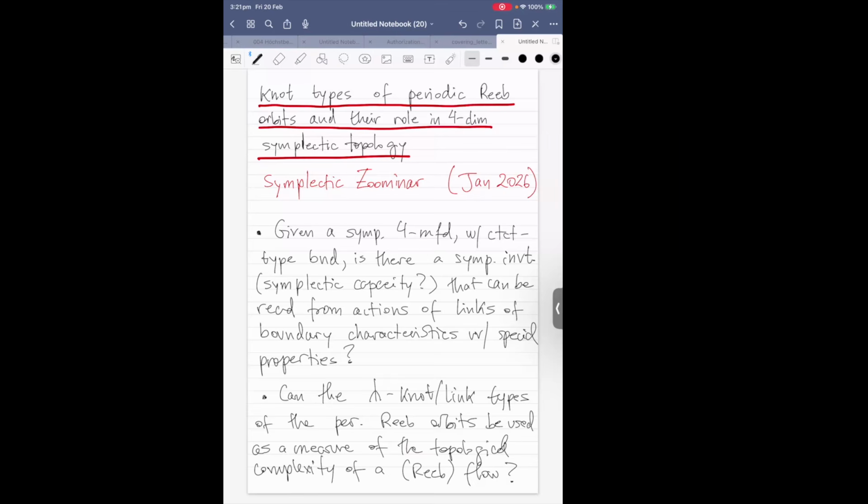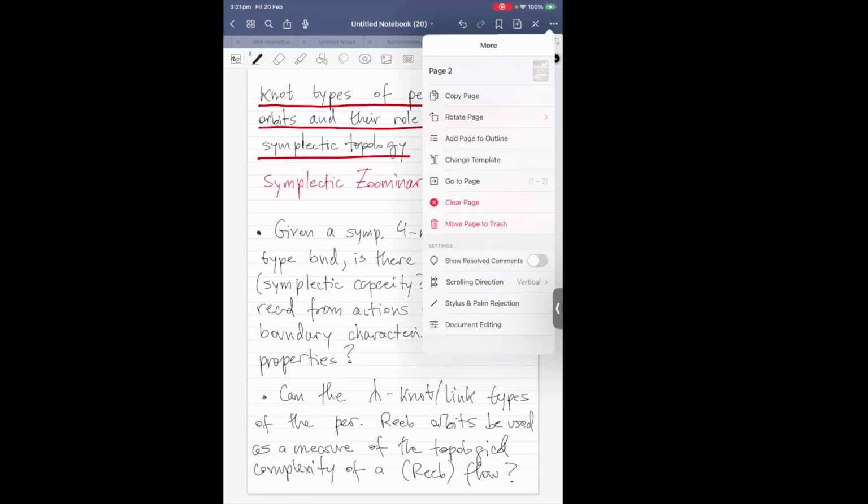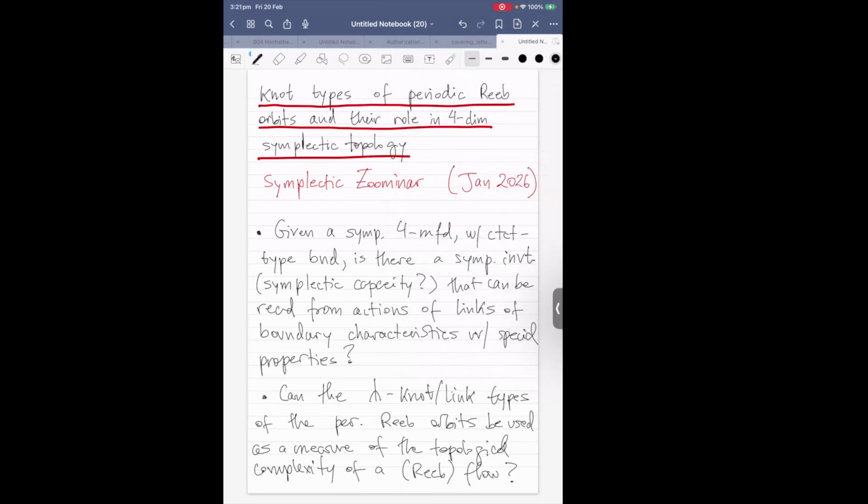Here one could try to use the knots and links that we see in the dynamical system, a three-dimensional flow, to mathematically propose some kind of measure of complexity of the flow. And I think this can also be somewhat hoped for in certain cases. And so these are the two guiding questions for this talk.